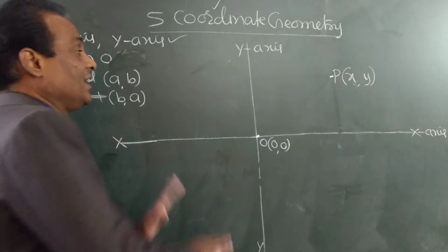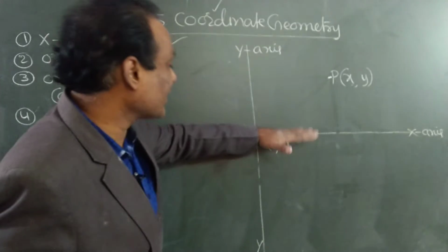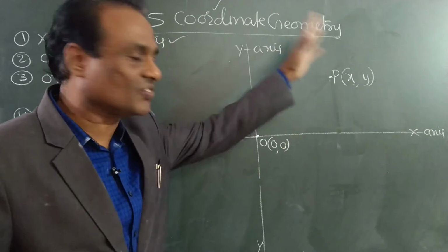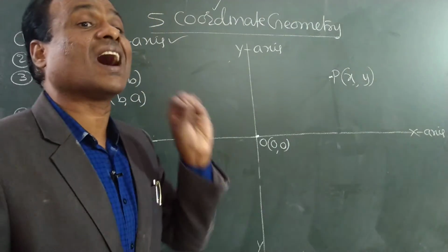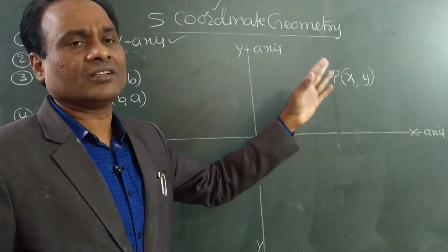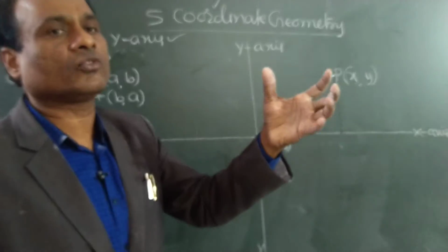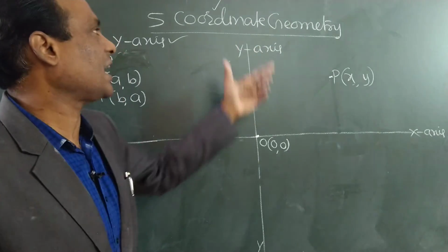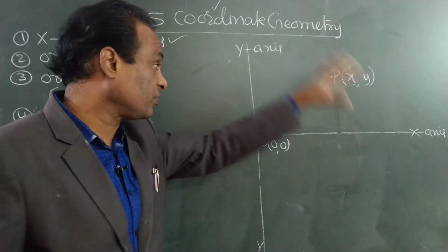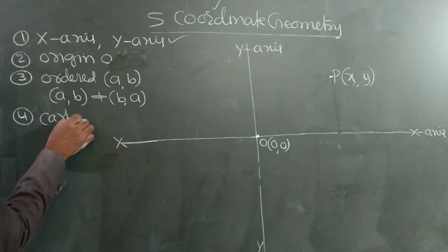Now, the total plane on which we are taking x-axis, y-axis, origin, this total plane is called the Cartesian plane. Cartesian is the name of a mathematician, and on his name that name came.